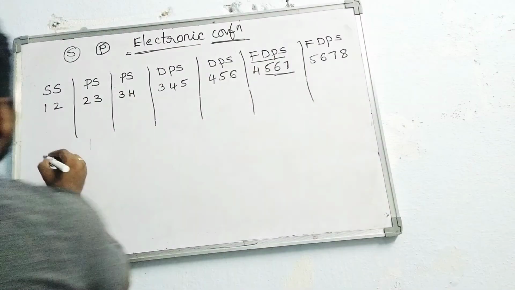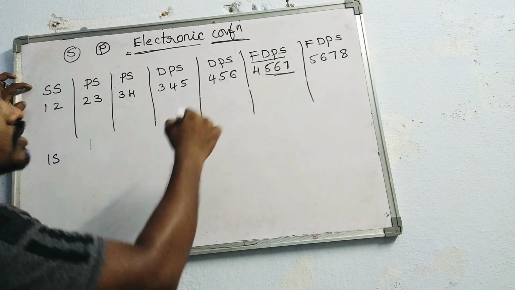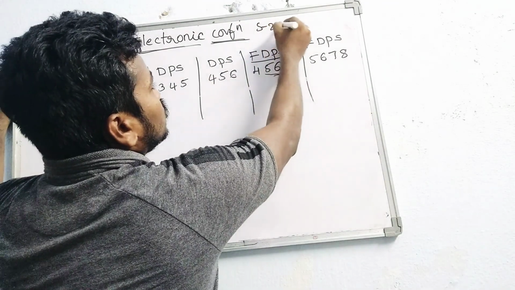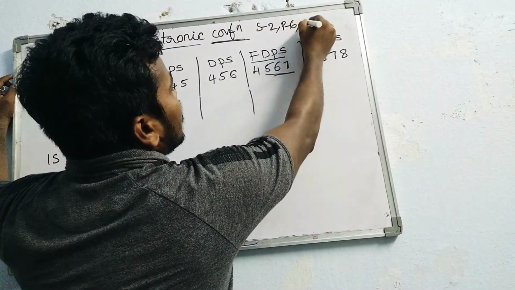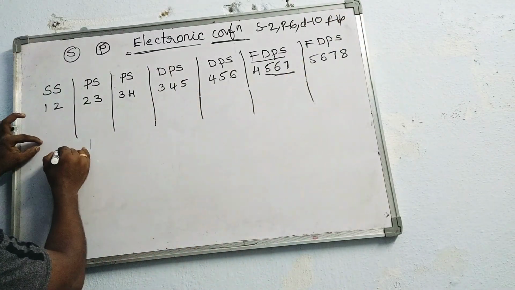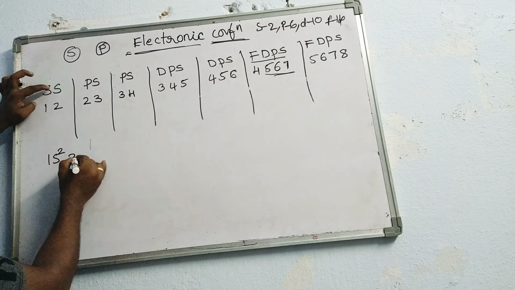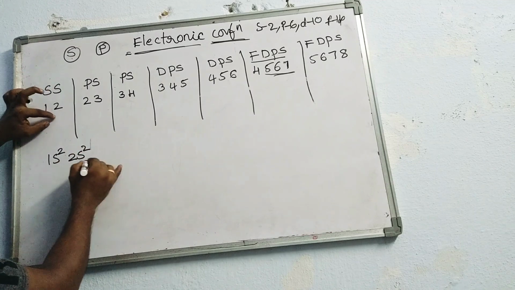So let us see, starting with 1s. What is the s capacity? S capacity is 2, p orbital capacity is 6, d orbital capacity is 10, f orbital capacity is 14. So 1s2, then 2s2.